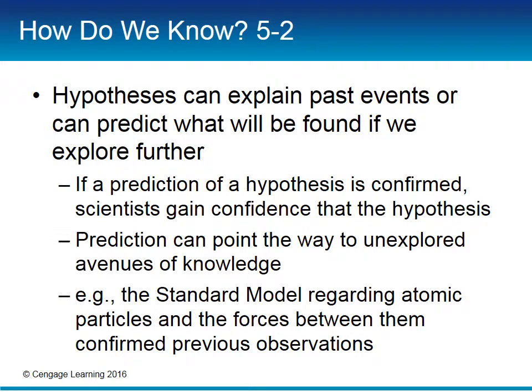If a prediction of a hypothesis is confirmed, scientists gain confidence that the hypothesis is correct. Prediction can point the way to unexplored avenues of knowledge. For example, the Standard Model regarding atomic particles and the forces between them confirmed previous observations.